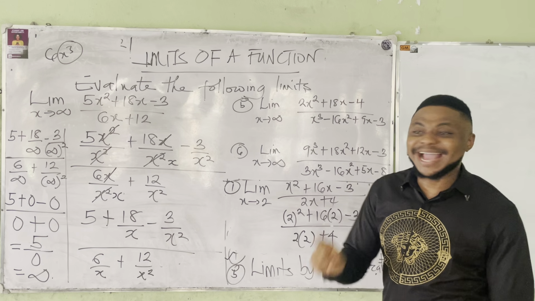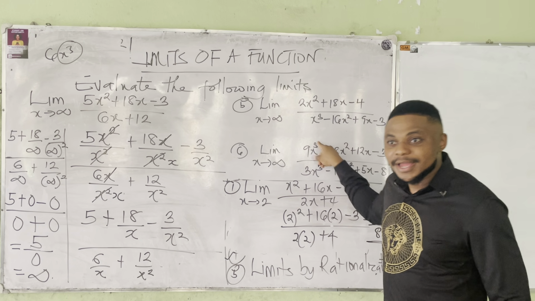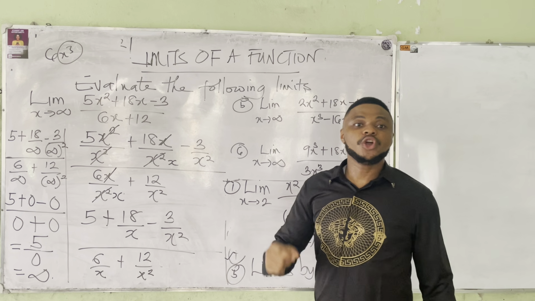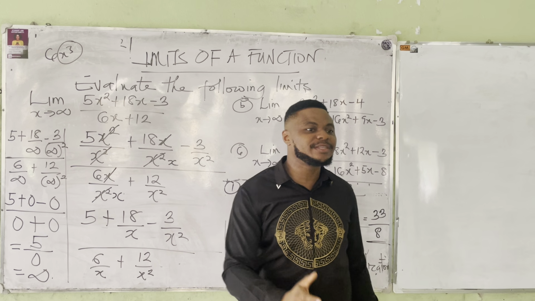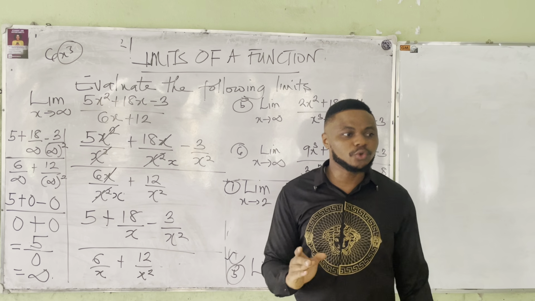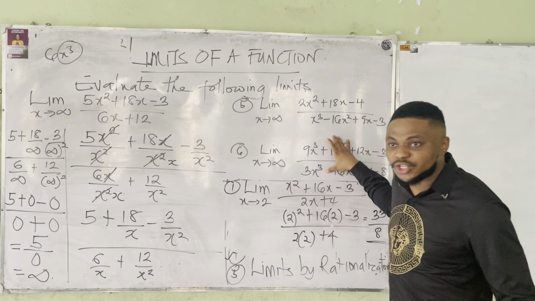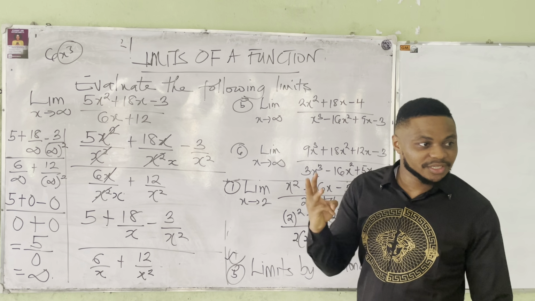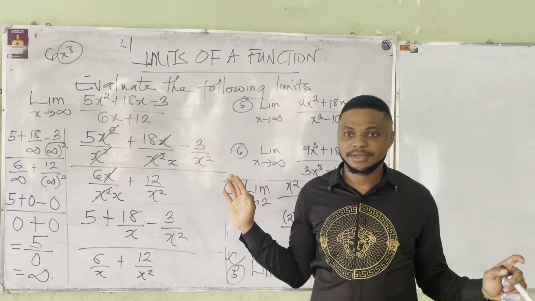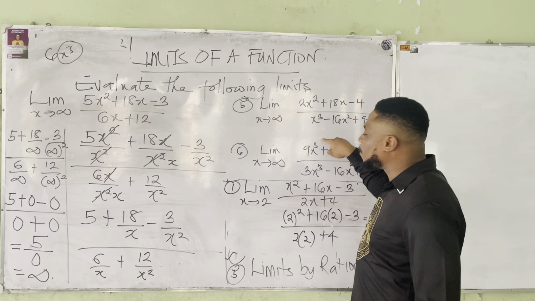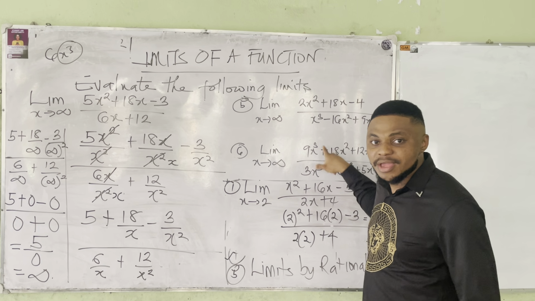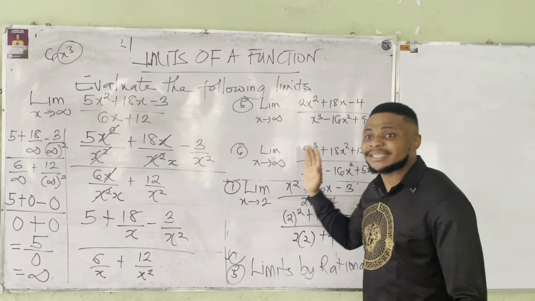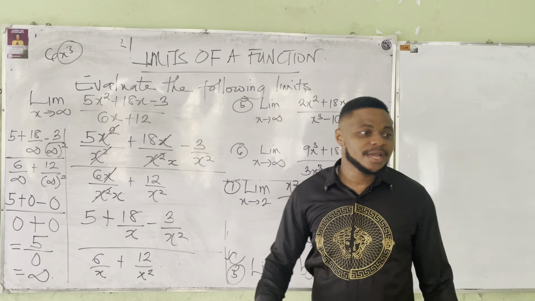Whenever the highest power of x is both at the numerator and at the denominator, your answer will be the ratio of their coefficients. What do I mean? The answer to this question will just be 9/3, and 9/3 is 3.